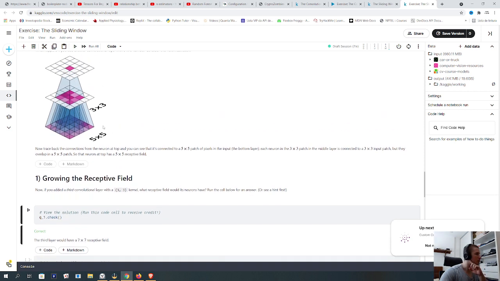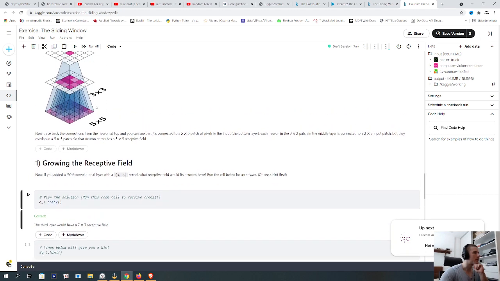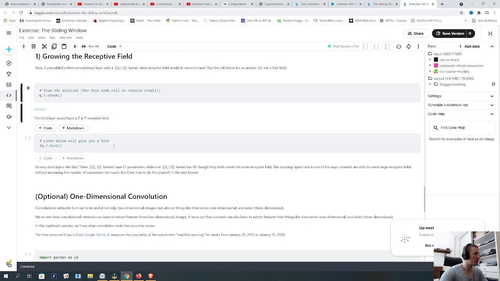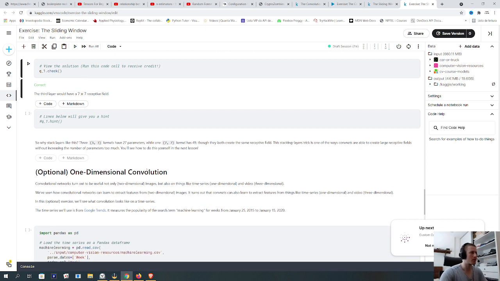Oh, if we add one more. So I guess it's just by the dimensions of each one, because they are connected. So they will have a 7 by 7 receptive field, because they overlap, so it's not going to be one for each one.